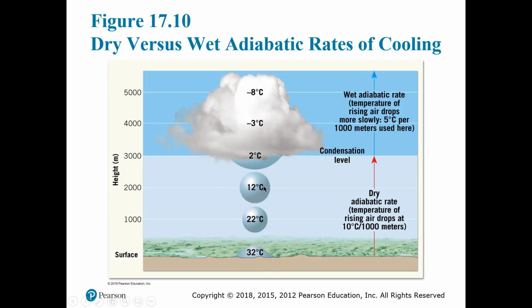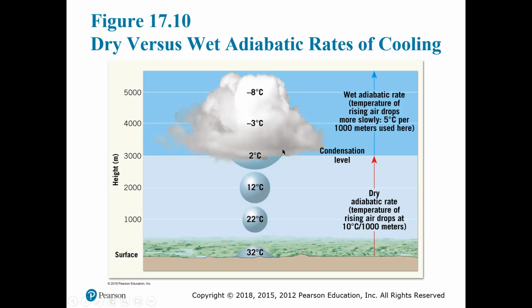Notice how this little air bubble is bigger than this one. We go up another 1,000 meters to 3,000 meters. Now we're at 2 degrees Celsius and our gas has continued to expand. So what's happening? Pressure's dropping, so temperature is dropping.